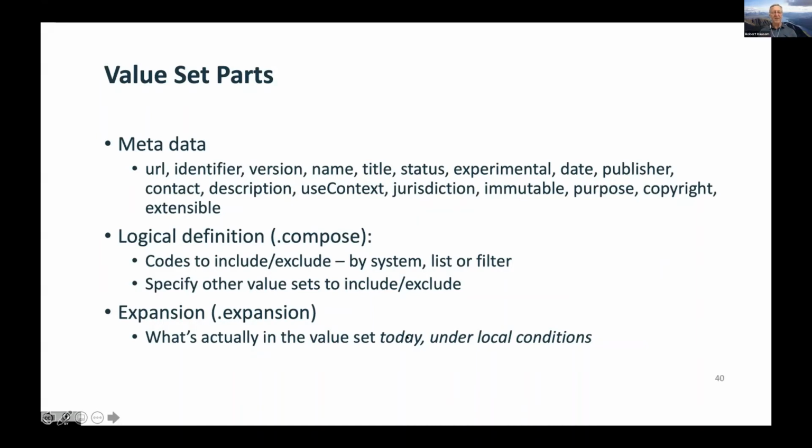So if we're using SNOMED and it updates to a new version, then that value set definition may stay the same, but the actual expansion of the value set might change. It might get some new codes, depending on how it was defined, if SNOMED has added some new codes that would fit into that definition. So that's kind of how that works together.